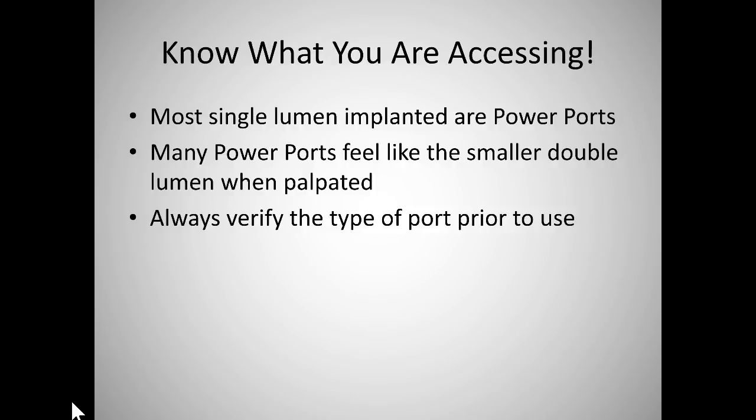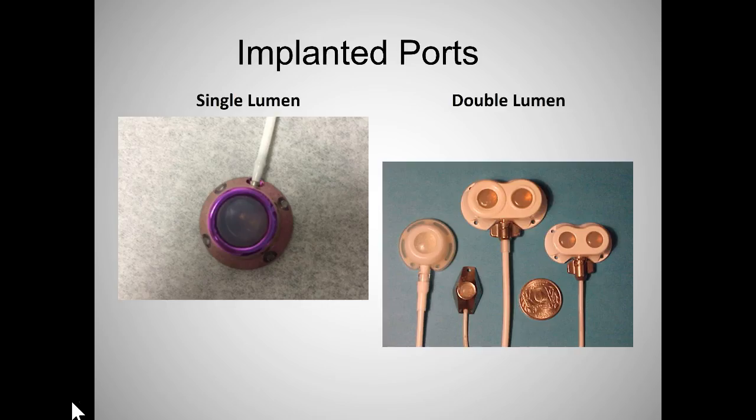Know what you are accessing. Most single lumen implanted vascular access devices are power ports, but many of the power ports feel like the smaller double lumen when palpated. Always verify the type of port prior to use. Most times you can just ask the patient and they will know what kind of port they have. So here are some pictures of the single lumen and double lumen vascular access devices.